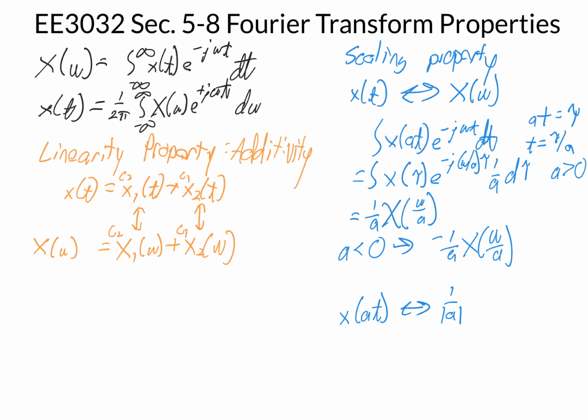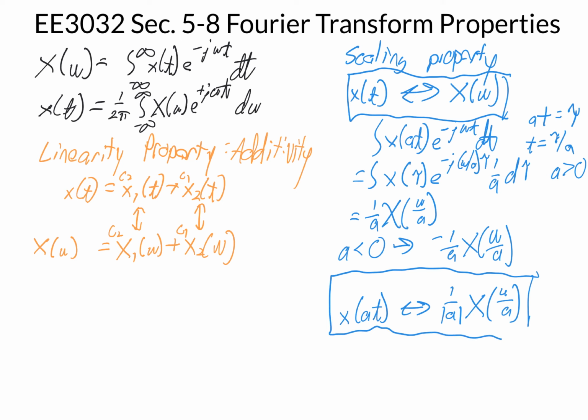So if a was negative, I took the negative, it became positive, so the absolute value will accomplish that. And in both cases, I had the Fourier transform with omega replaced with omega over a. So if I know that x of t and X of omega form a pair, I know for any real scaling factor a that these two items also form a Fourier transform pair.